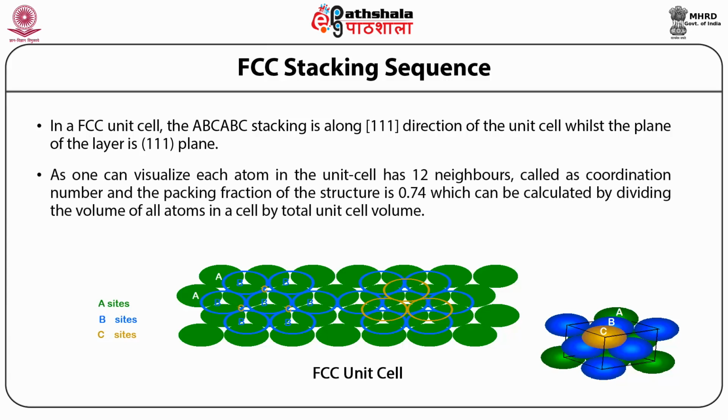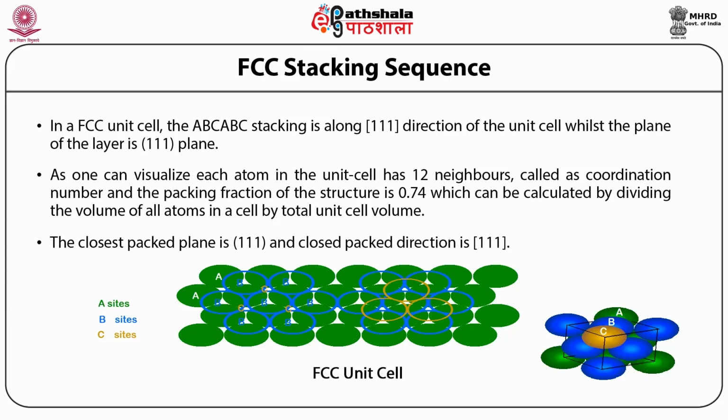As one can visualize, each atom in the unit cell has 12 neighbors, called the coordination number, and the packing fraction of the structure is 0.74, which can be calculated by dividing the volume of all the atoms in a cell by the total unit cell volume.